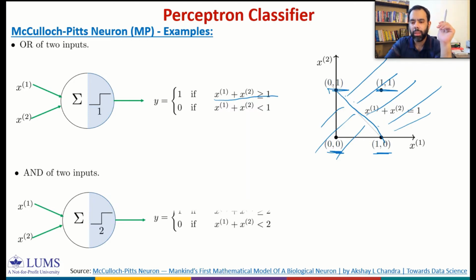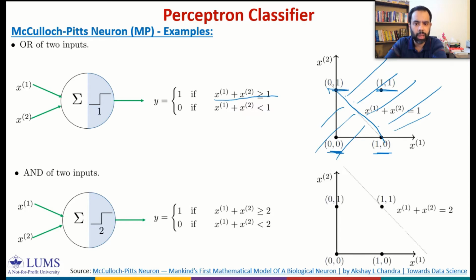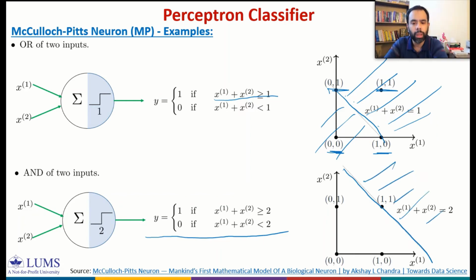This is the implementation of the AND function using the McCulloch-Pitts neuron. And graphically, this is the boundary that is defined by this mathematical formulation, or this perceptron. Oh, sorry, it's not a perceptron yet. This is a neuron. And anything on this line and here would be assigned output 1 and 0 otherwise.